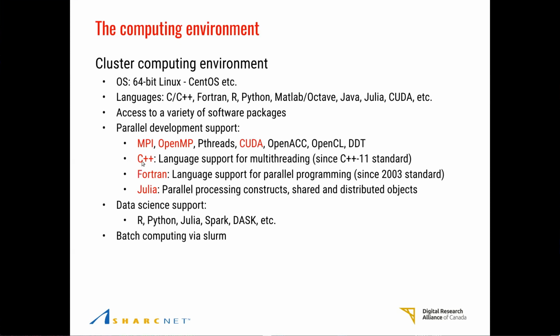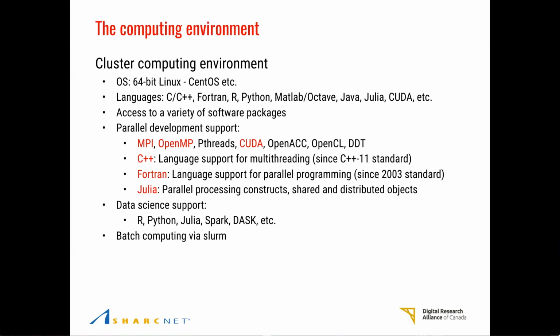And the programming language C++ has its own support for multi-threading. This is something new added to the language's standard since C++11. And Fortran is a very old programming language, but it has supported parallel programming since 2003.